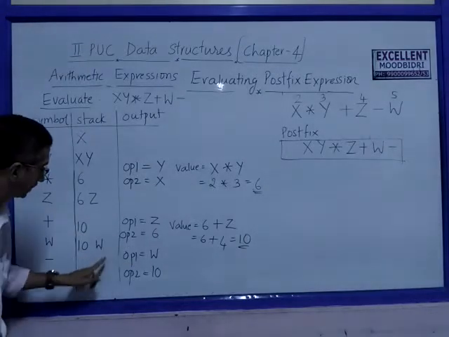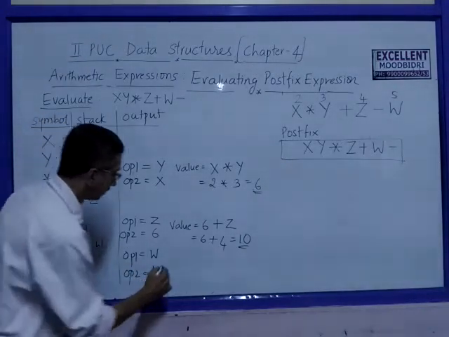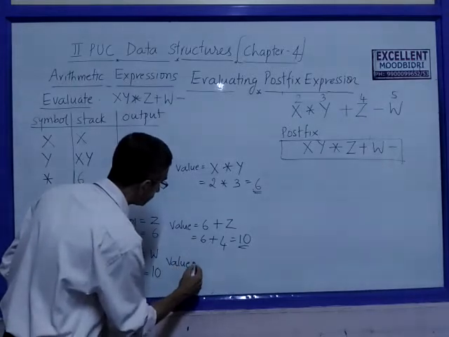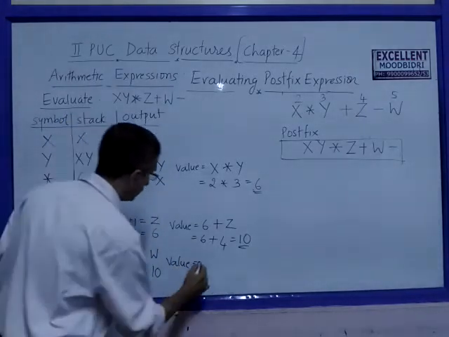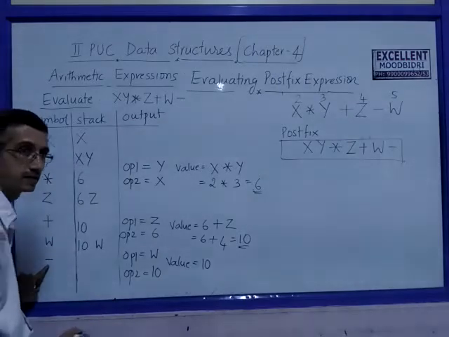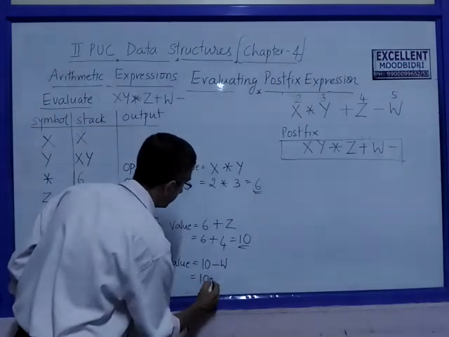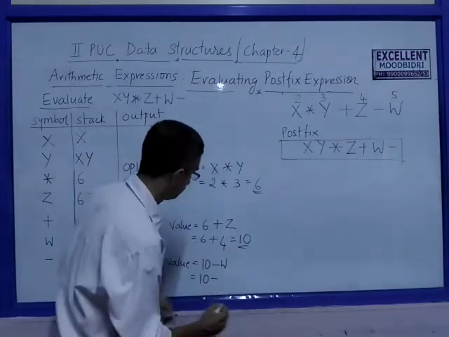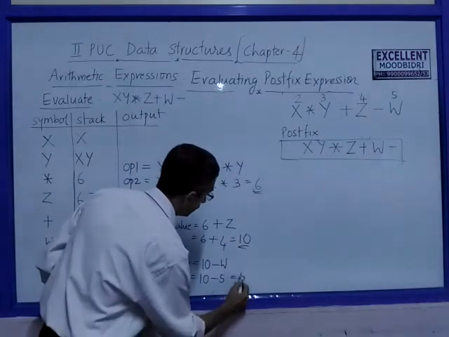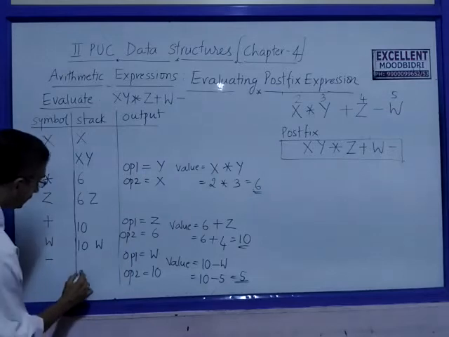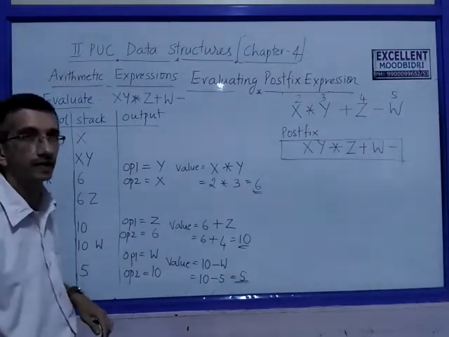First pop is W, second operand is 10. So value is equal to second operand 10, symbol minus, W is 5, so 10 minus 5 is equal to 5. The value is pushed down to the stack.